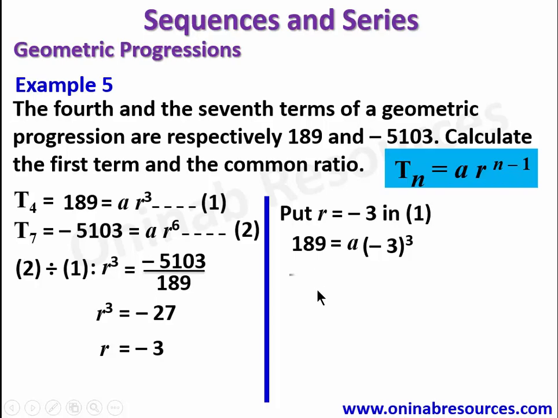And this will give us negative 27A equal to 189, where A is equal to 189 divided by negative 27, and that gives negative 7. So we have done justice to this problem, and the first term is negative 7 and the common ratio is negative 3. That's the end of solution to example 5, and this is the end of this tutorial.